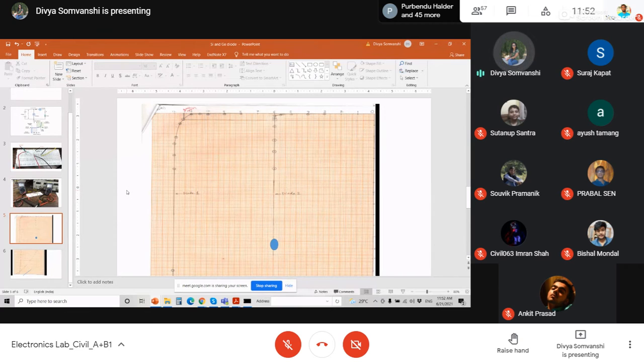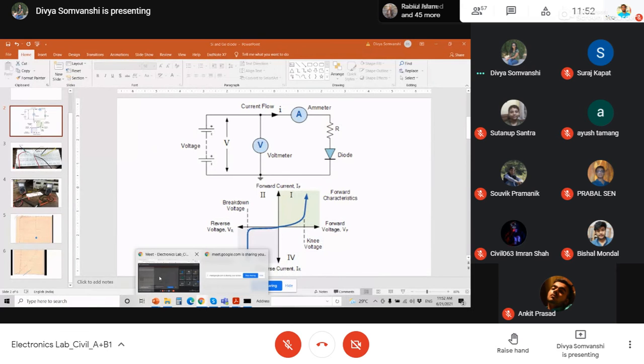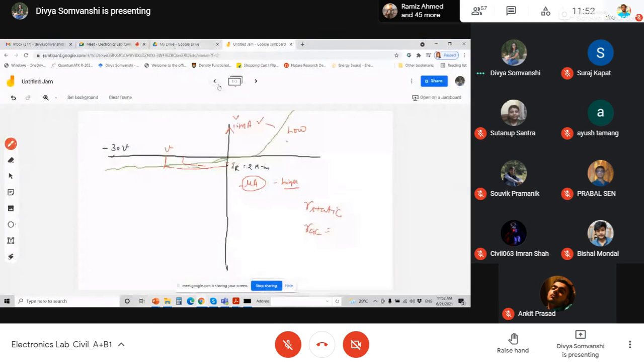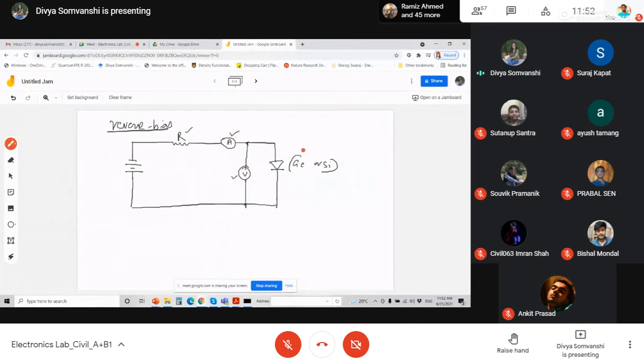The circuit for a Zener diode is a similar circuit, but in place of your silicon diode, now I am going to put my Zener diode. The symbol of my Zener diode is this.